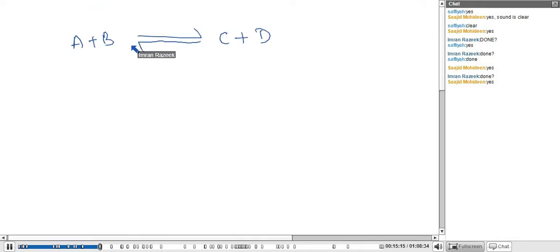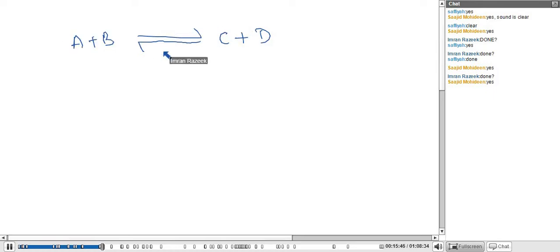Chemical equilibrium is a state of balance where the rate of the forward reaction equals the rate of the backward reaction. When these two rates are equal, we say the system has reached equilibrium. Once the system reaches equilibrium, there won't be any change in the concentrations of the reactants and the products, because the rate at which the reactants form the products and the rate at which the products form the reactants are the same.